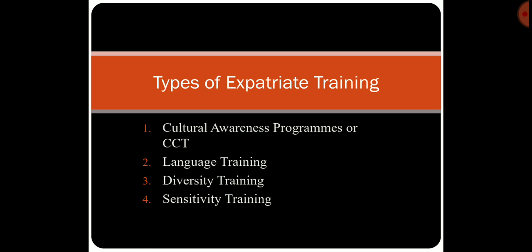Their home country culture is entirely different from the host country culture, so it may create a problem for an expatriate to adjust to the host country environment. To avoid this, the firm gives well-advanced training to expatriates to familiarize them with the host country culture where they are going to do their international business or operations. That is called cross-cultural training or cultural awareness program.